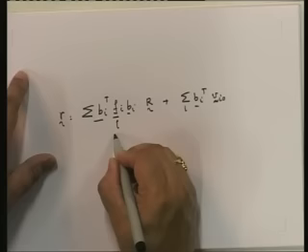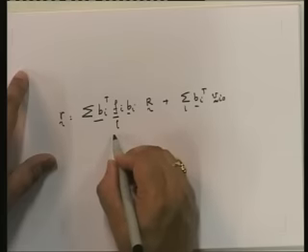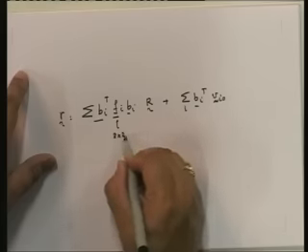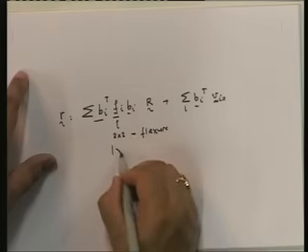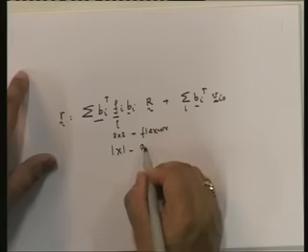This is for a flexural member, it's 2 by 2. For flexure it's 2 by 2, and 1 by 1 for axial.